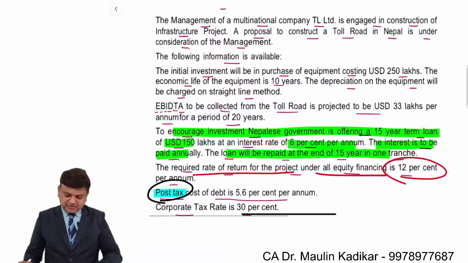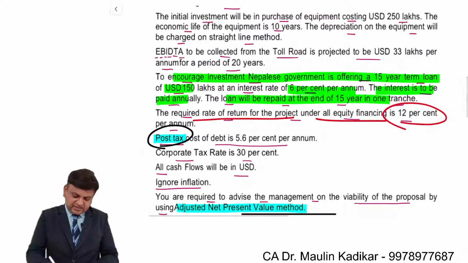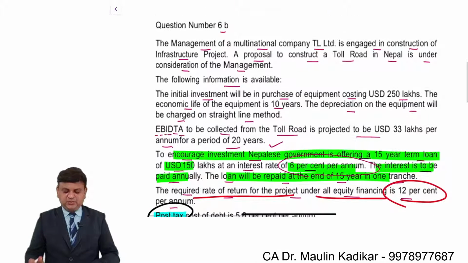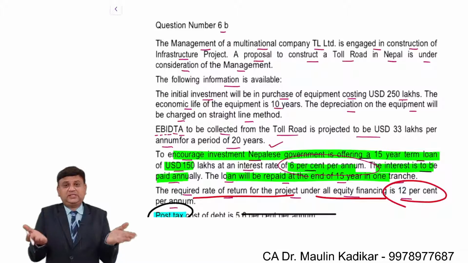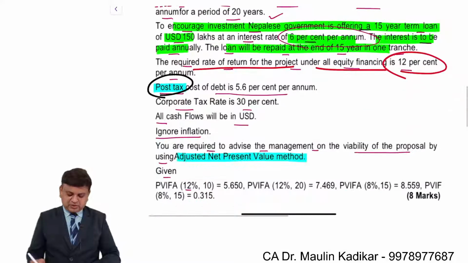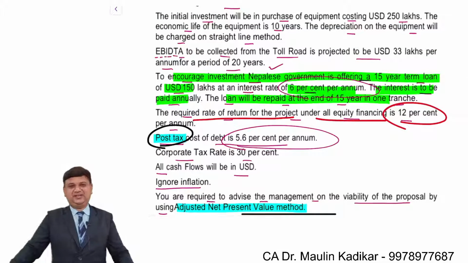However, the question gives us the information this way: to encourage the investment, the Nepalese government is offering the loan at a subsidized rate of interest. So in a special case we are able to get the loan at a cheaper rate. Otherwise, usually our post-tax cost of debt financing is 5.6, meaning pre-tax cost of debt financing is 8.